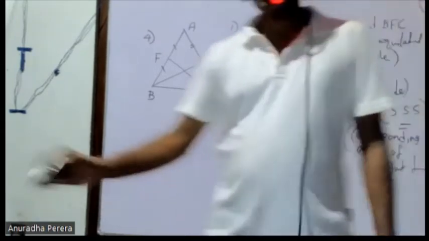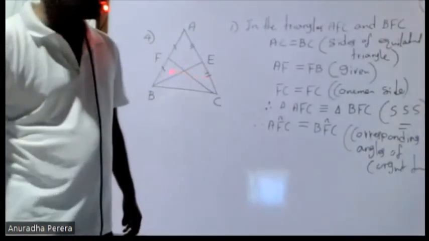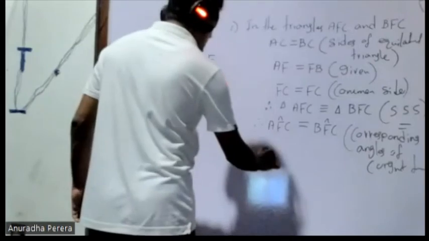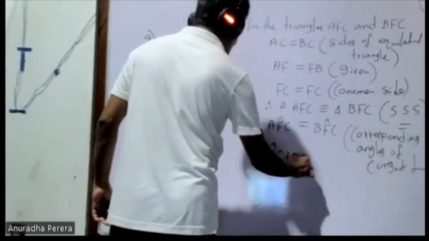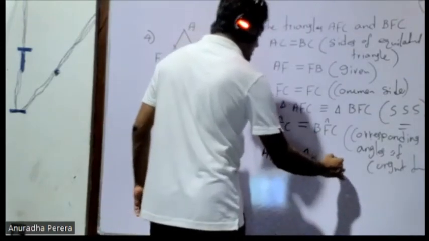But you know AFC plus BFC is 180, angles on a straight line.